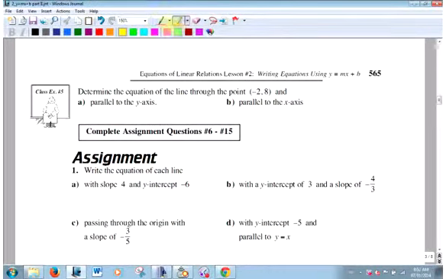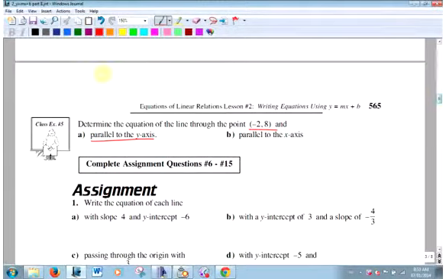Okay? Last one. Determine the equation of the line through that point and parallel to the y-axis. Picture's worth 1,000 words, guys. Where's that point? -2 and 8. Right about there. Parallel to the y-axis. Where's that? That's right here. So this line looks like that.